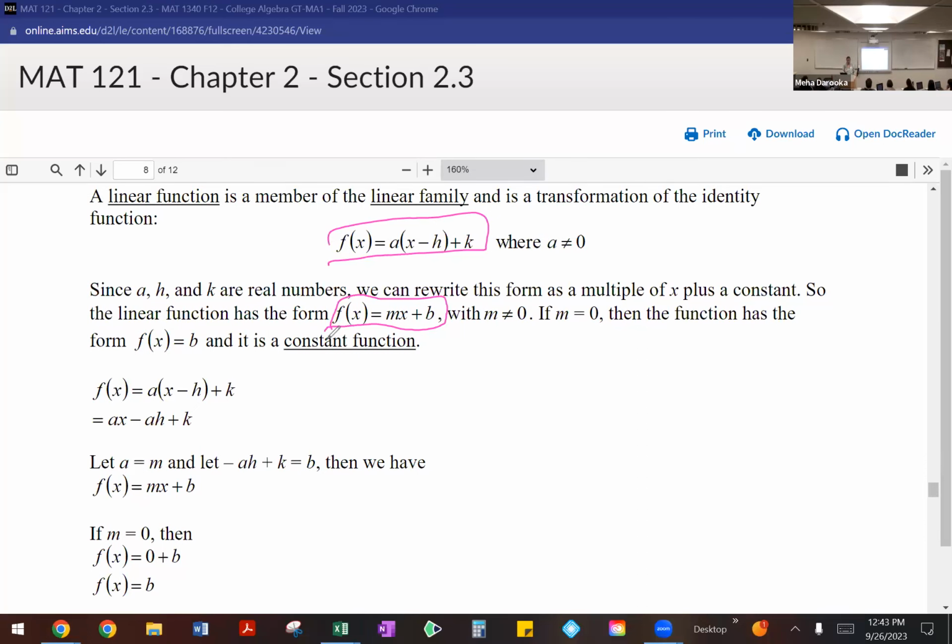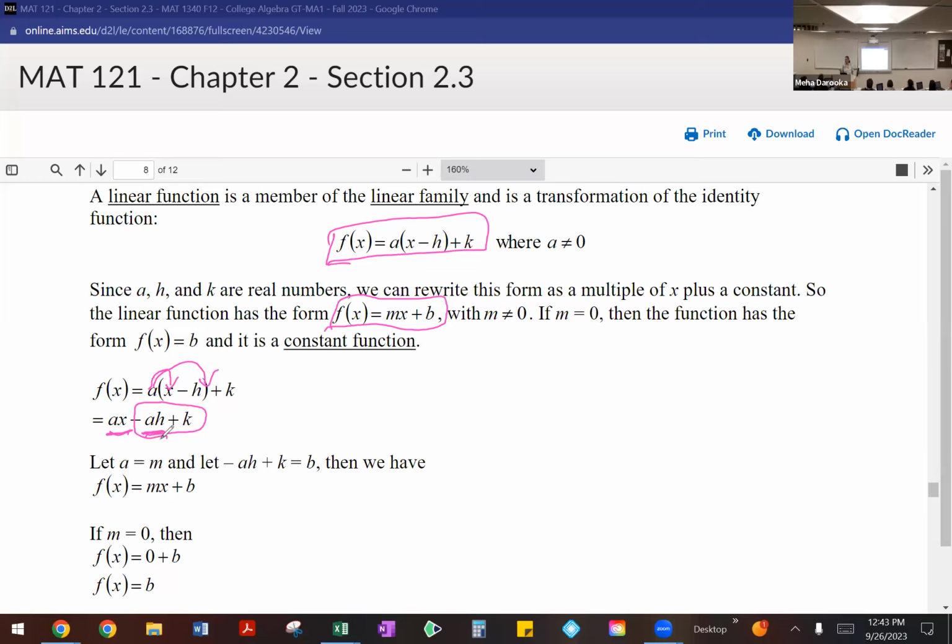And so what they're doing over here is just showing you how, if you started out with this transformation format, you can distribute that a inside your parentheses, which ends up giving us ax minus ah. And then of course you have that plus k at the end. And the negative ah plus k is basically two numbers being added or subtracted together because x is the variable. h, a, k are all real numbers.